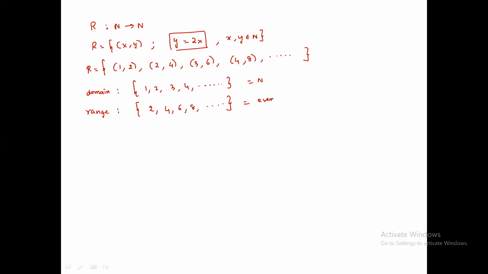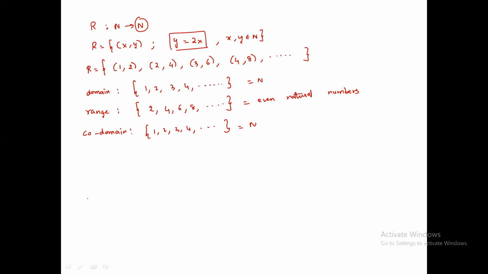So we are getting just even natural numbers in the range. But what is the codomain? Codomain is the set of natural numbers, 1, 2, 3, 4, and so on.